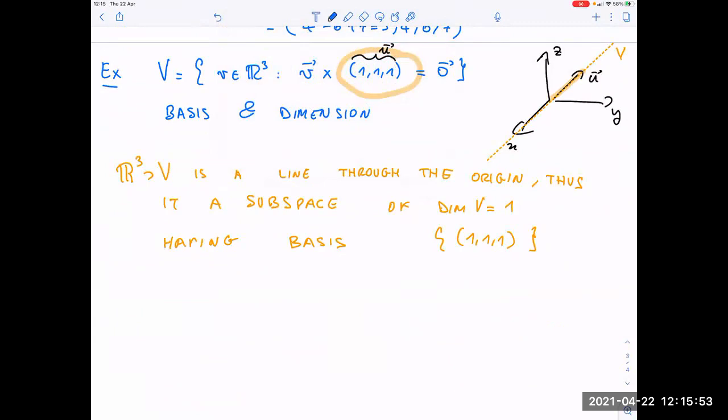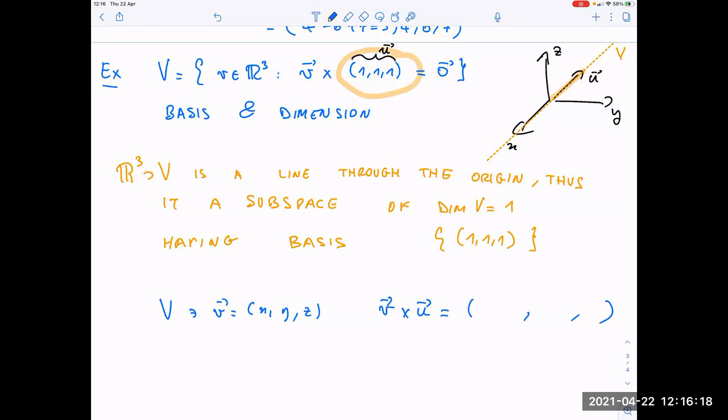Arsh Baraji suggests something different, and says, well, let's look at V. I look at a vector here with components x, y, z. Then I compute V cross U. And what vector is V cross U? Well, you can do this in many different ways.